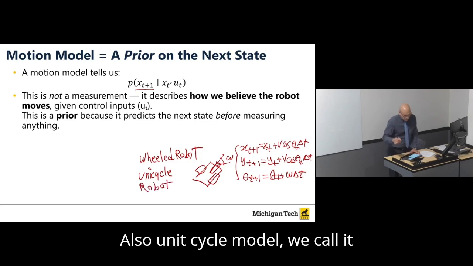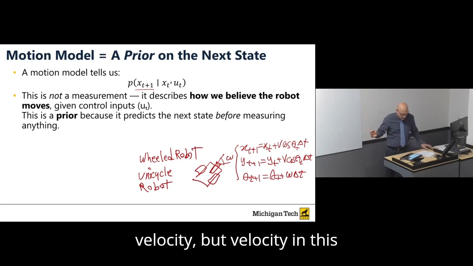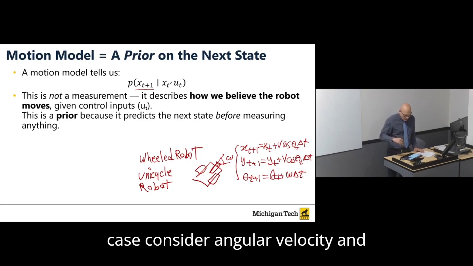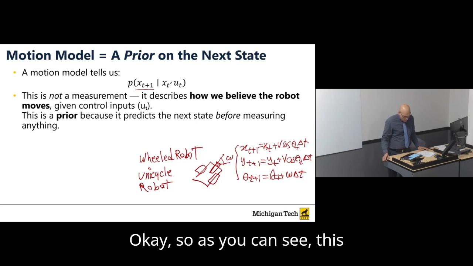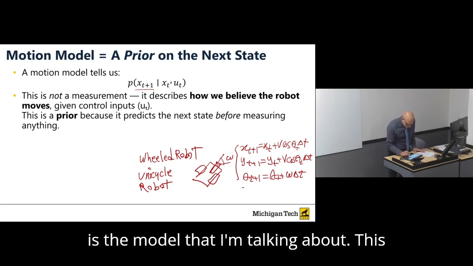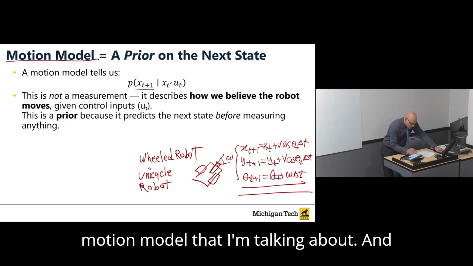We call it the unicycle model, or sometimes just constant velocity, but velocity in this case considers angular velocity and normal velocity. Okay, so as you can see, this is the motion model that I'm talking about.